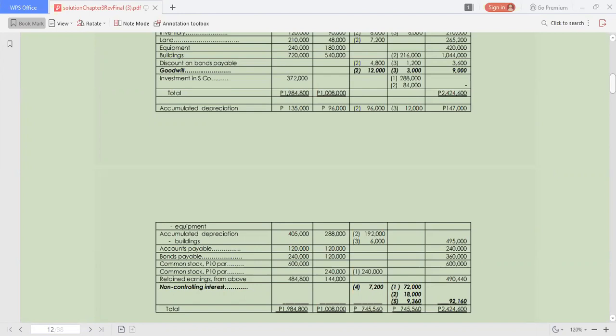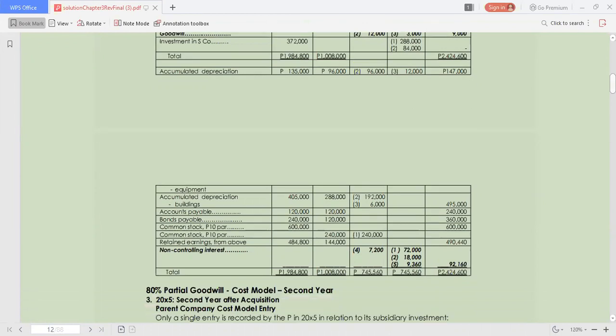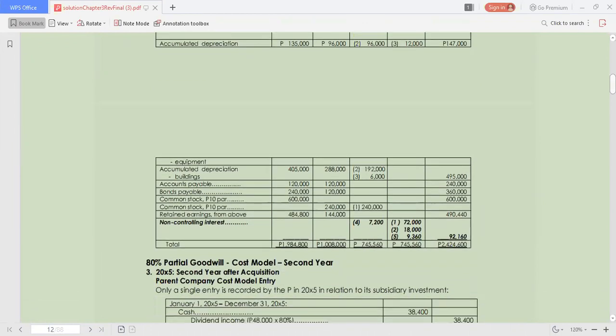And we have 9,360. Now, these are all based on the entries in number 5, where we have the corresponding adjustments and eliminations. So we have now the total.